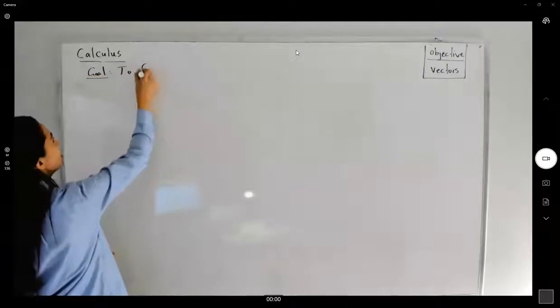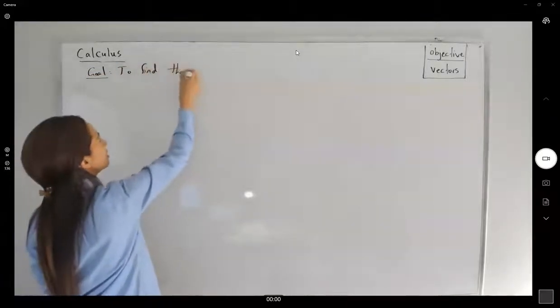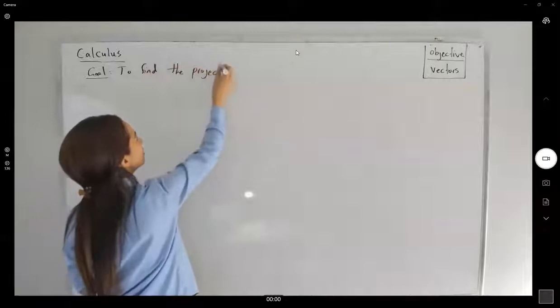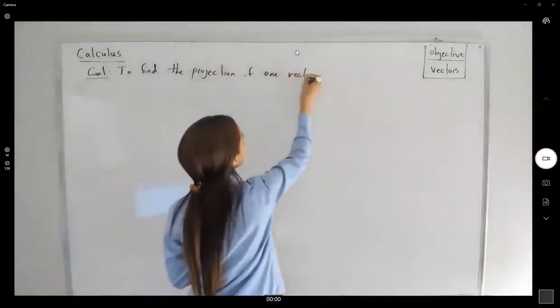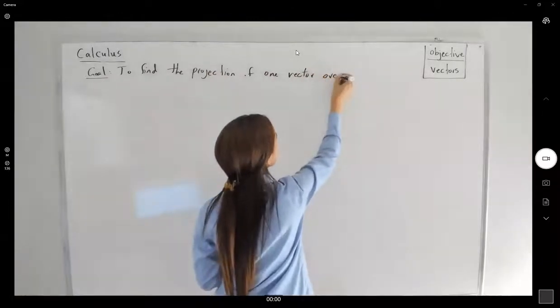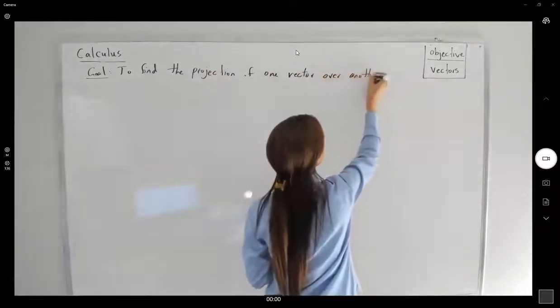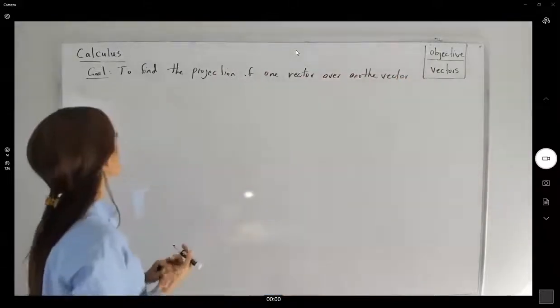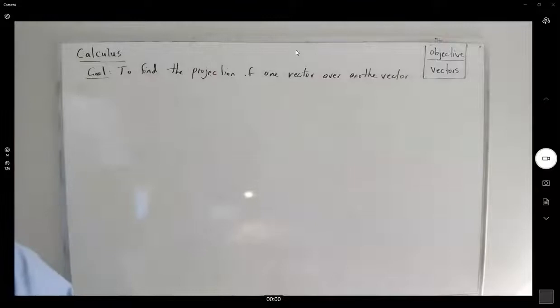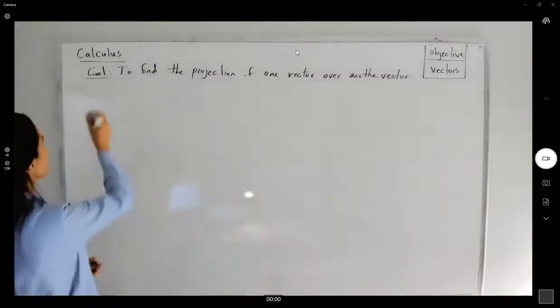To find the projection of one vector over another vector. Very well. So suppose you have two vectors.